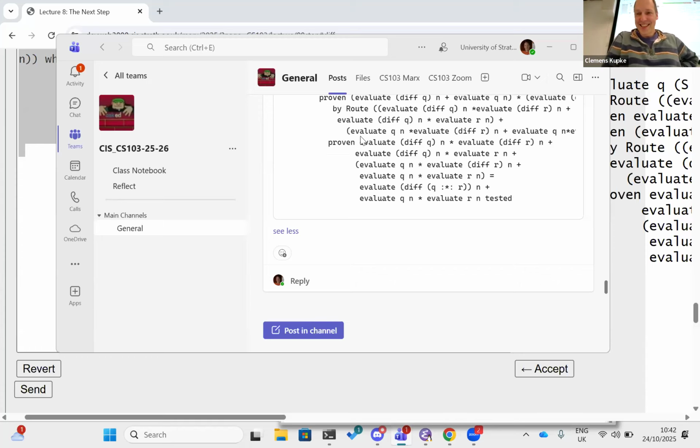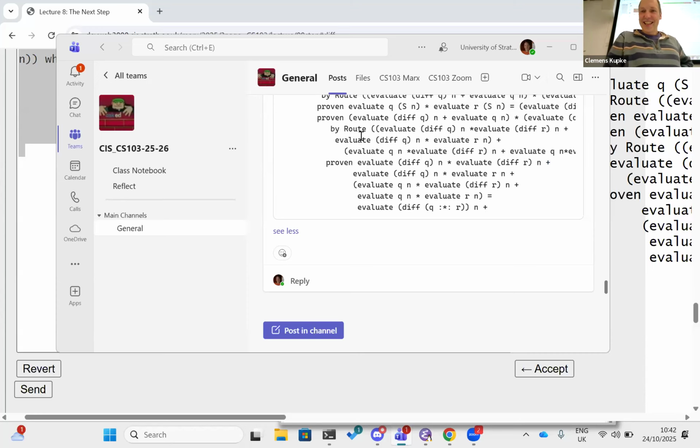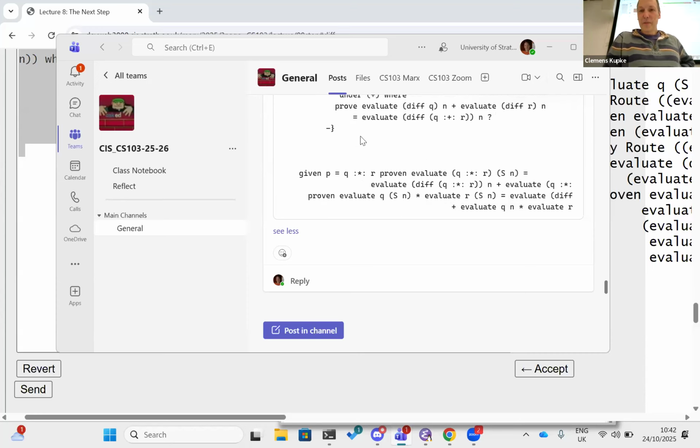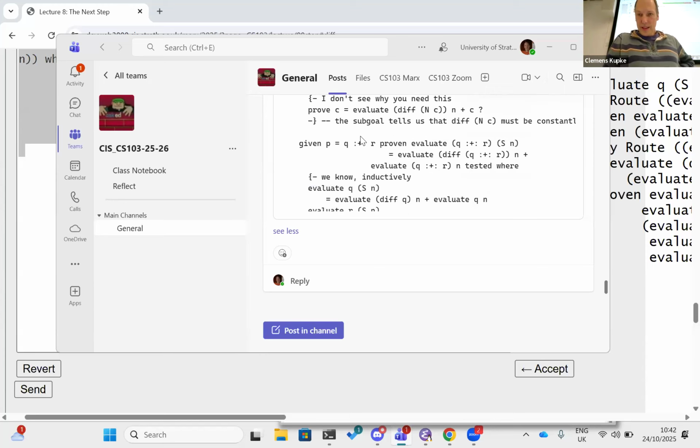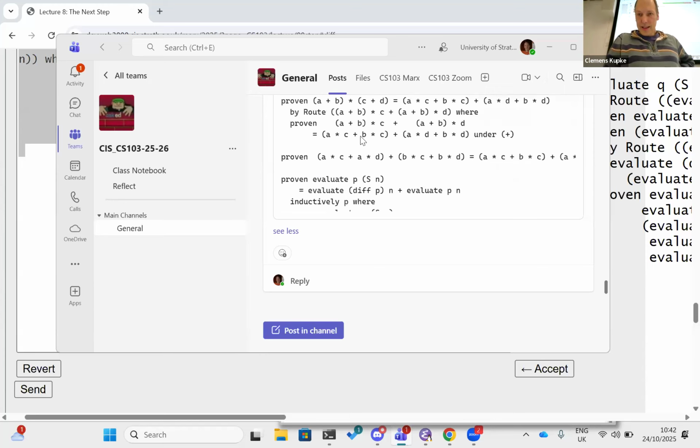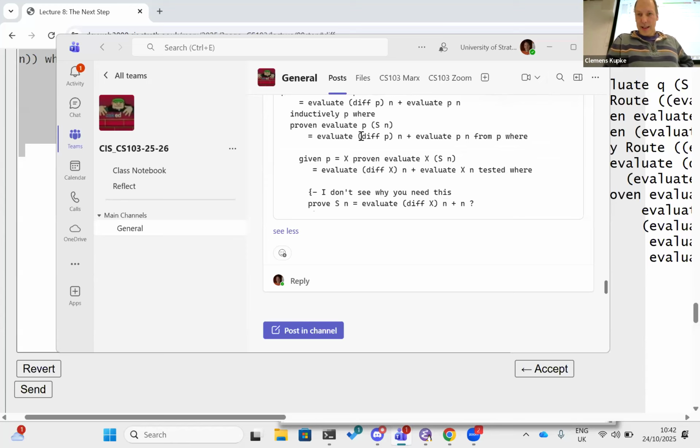So, Teams allows you to post code as code. So no pictures. Text. All right.